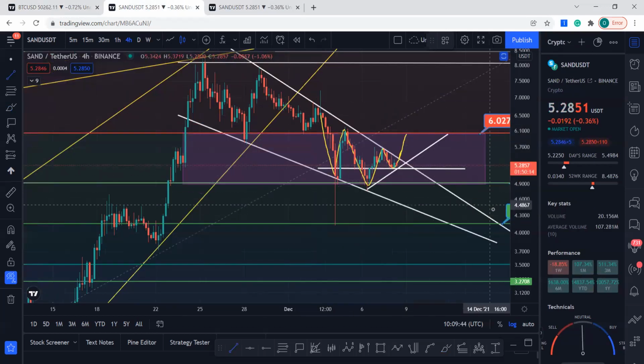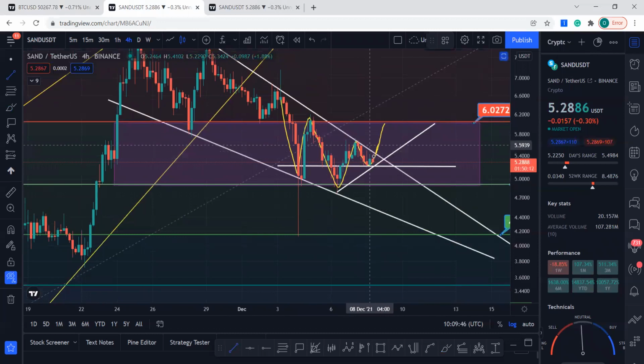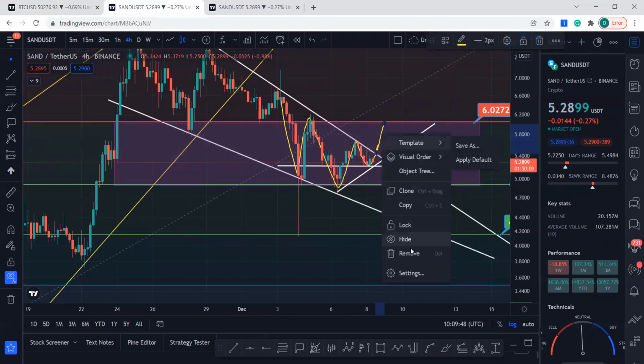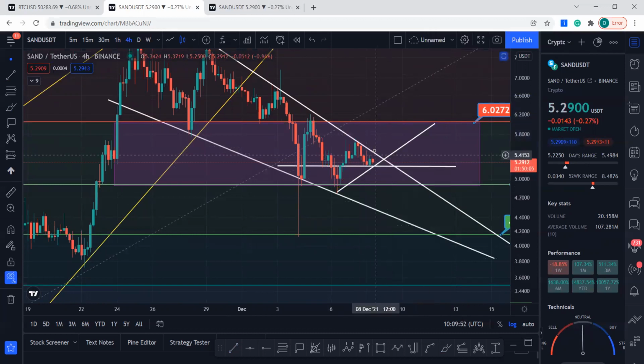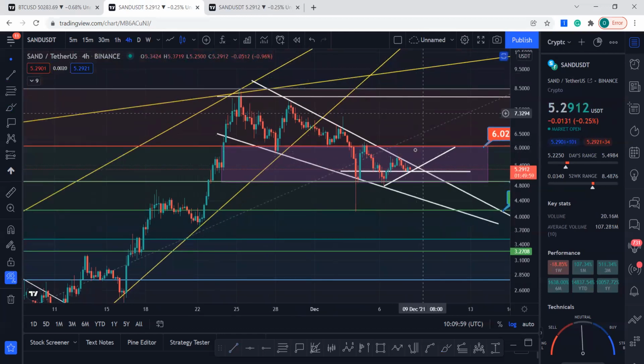And one most important thing: if we close the 4-hourly candle above this resistance line, then we are going to be forming something like a separate pattern, a reversal pattern, because you can see the 4-hourly candles are not being closed above this resistance.